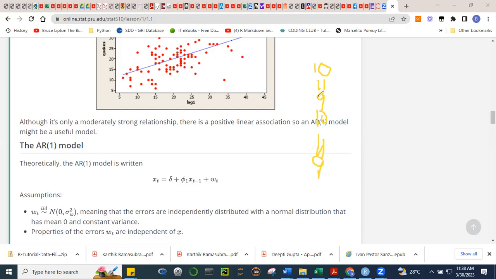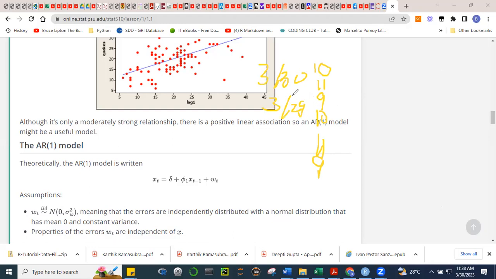Okay. Suppose this is our data. And this is the latest. Sabihin natin ano to? March 30, 2023. Ito, March 29. So this is March 30. This is March 29. So this data is arranged from the latest to the earliest.